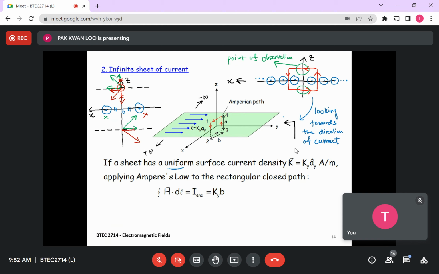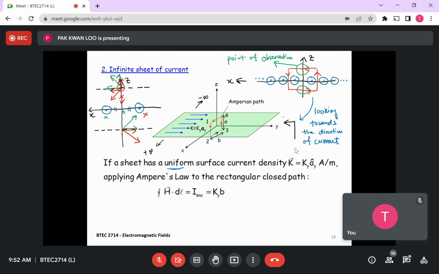And again, the net magnetic field direction is the same as the path applied. So again, we are going to multiply the magnetic field intensity with the path length.